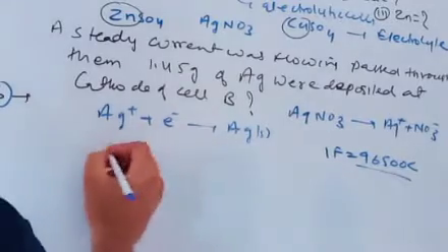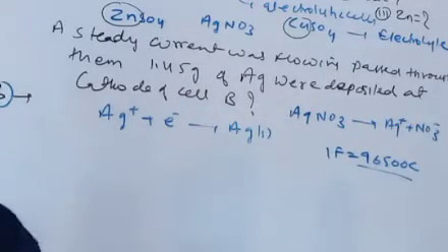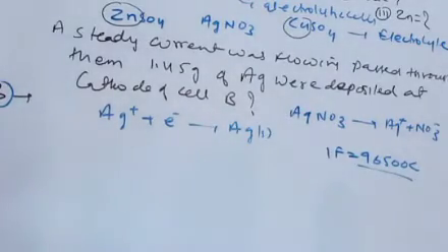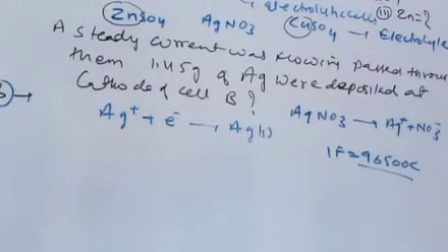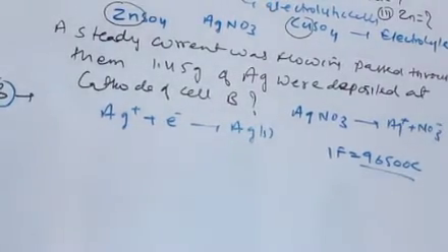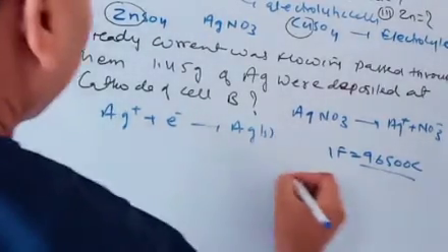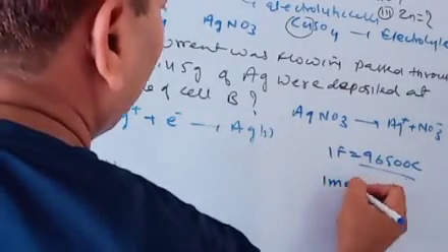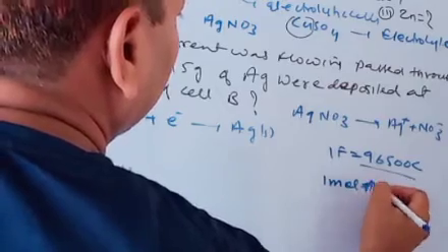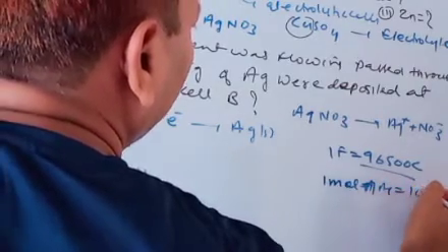So first we will calculate the charge with the help of this cell. According to this equation, 1 mole of Ag is equal to 108 gram.